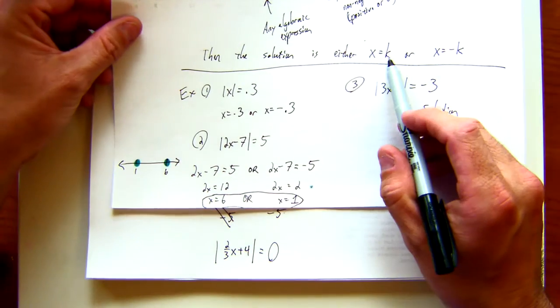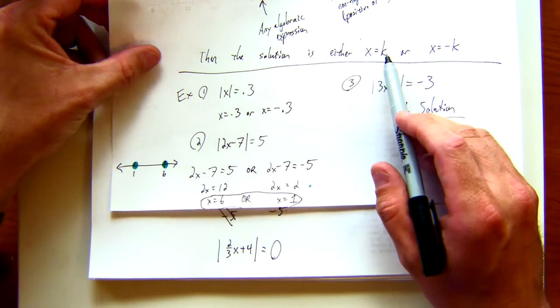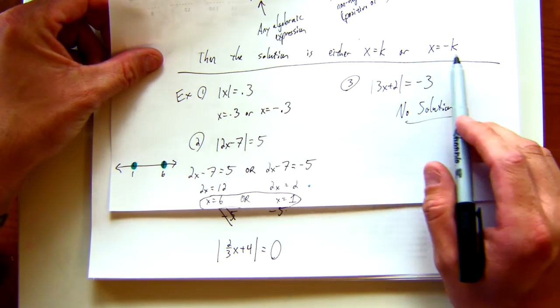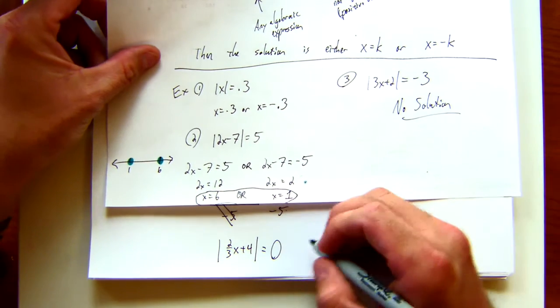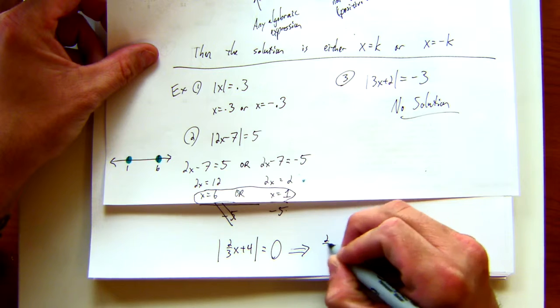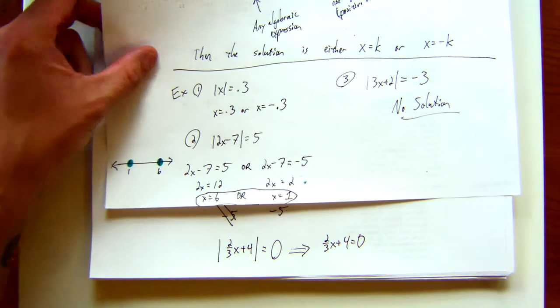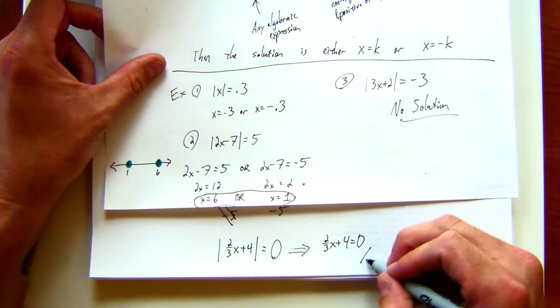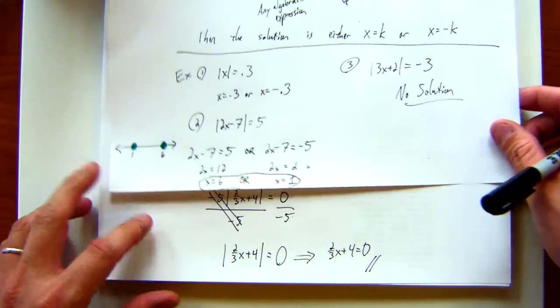Going back to when I break it up, k here is 0. Is there a difference between a positive 0 and a negative 0? No. So all we have to do to solve this one is 2/3 x plus 4 is equal to 0, and solve that one equation. I'll let you guys do that. If you want me to do it after class, I'd be happy to.